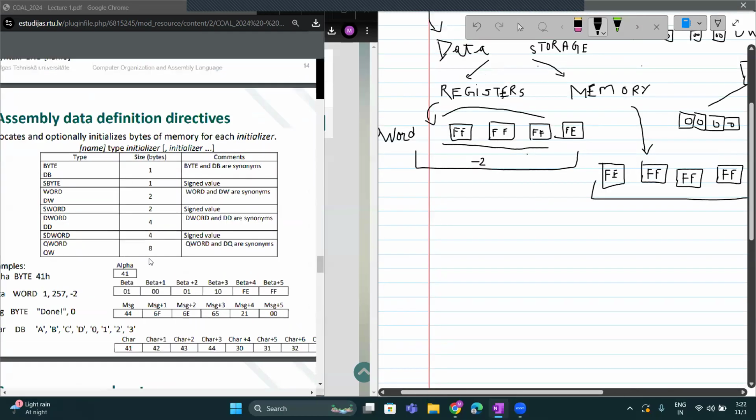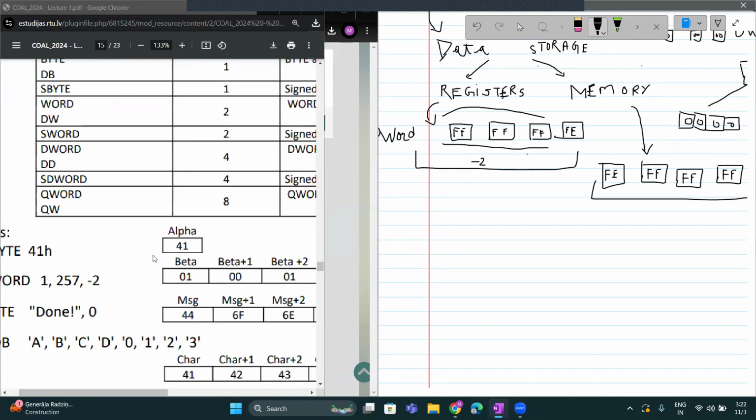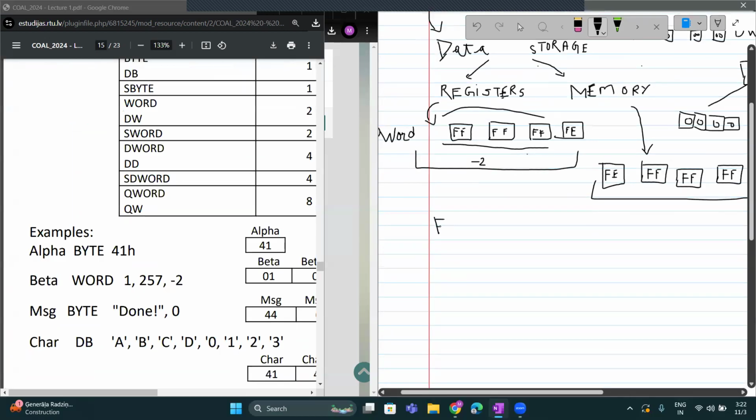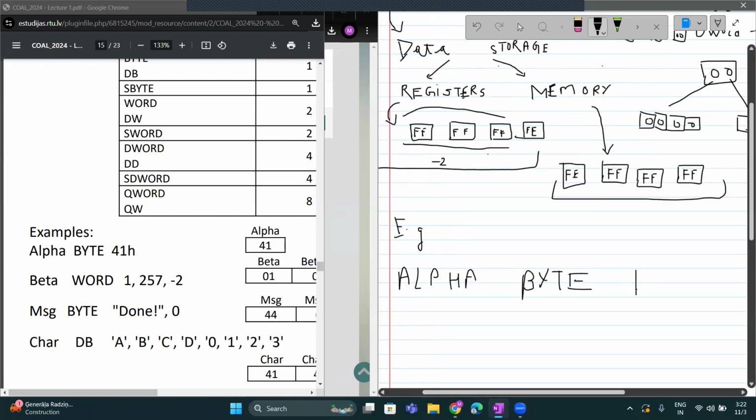So for example, these are the examples. Alpha is a byte. So what was a byte? A byte we just represent like this.